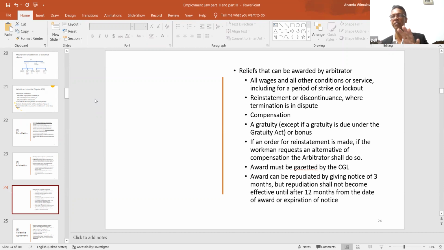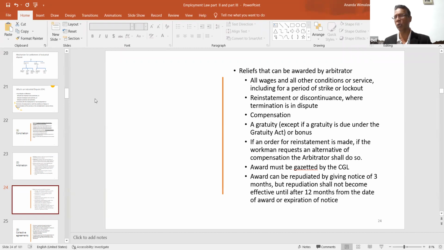Employer-employee relationship has been broken by either party, then there is no live industrial dispute. Say, for example, you will not be treated properly by your employer, I mean in the company.